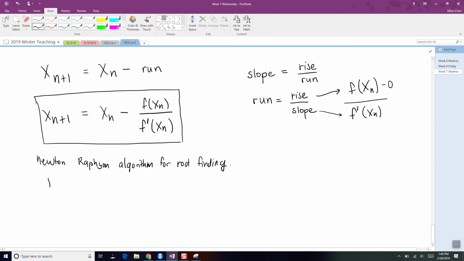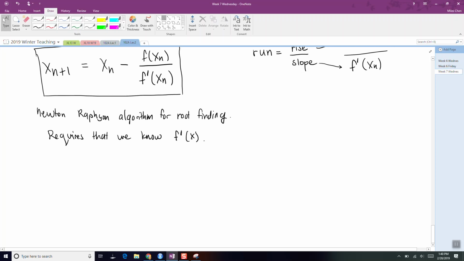So it requires that we know f prime of x. But that's it. We're going to just do this and do that. Okay, so let's do a simple example.